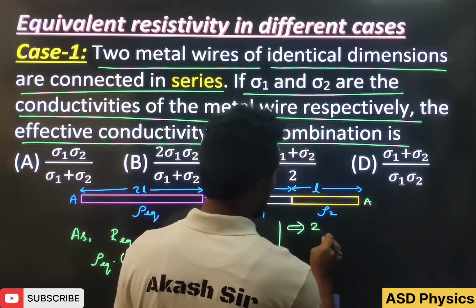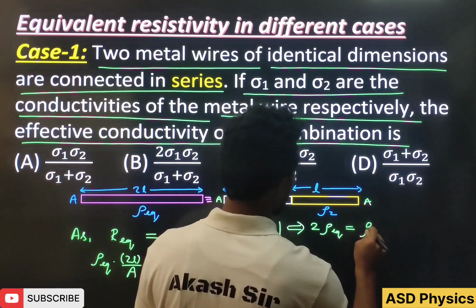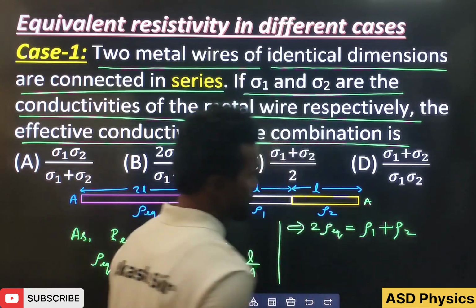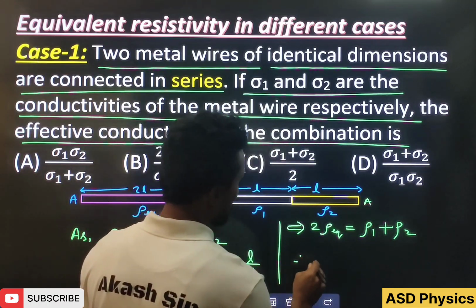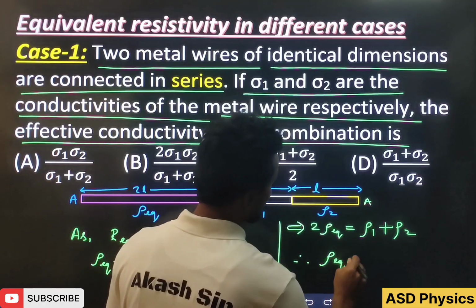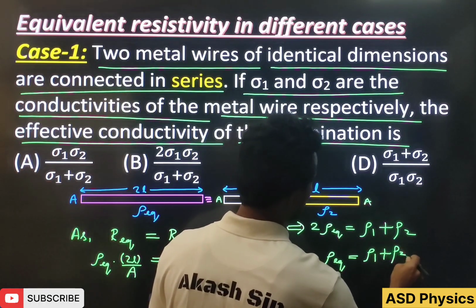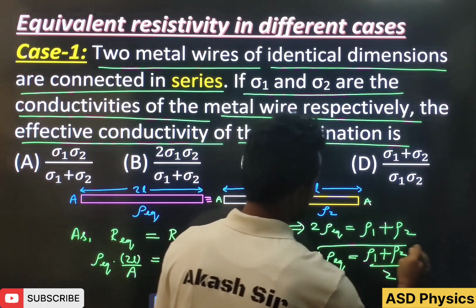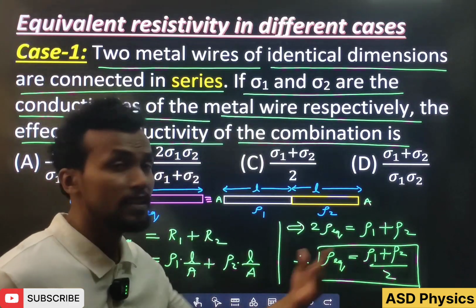So you can write 2 into rho equivalent is equal to rho 1 plus rho 2, or rho equivalent is equal to (rho 1 plus rho 2) by 2. This is the main formula in terms of resistivity. Remember that.